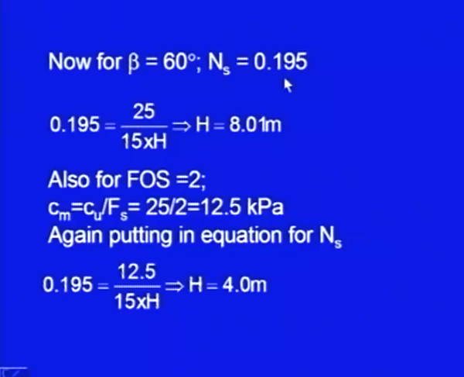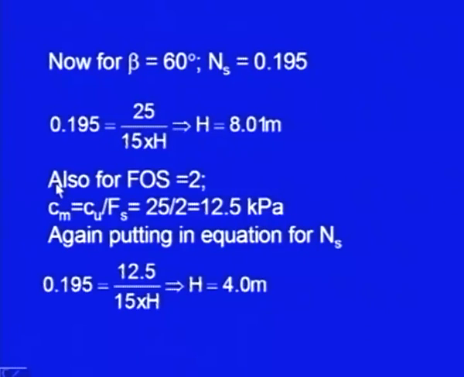Here you can interpolate it, and I got this value as 0.195. Put this 0.195 in the previous equation. So, 0.195 will be equal to C upon gamma h, and that gives you h is equal to 8.01 meter. So, it is very convenient to use these charts.